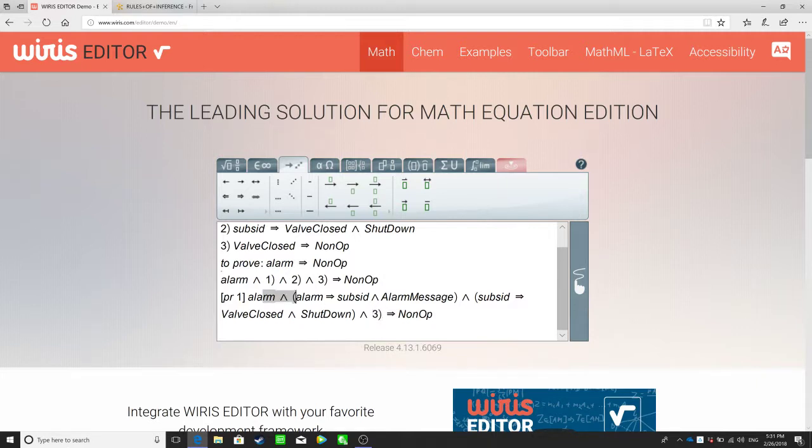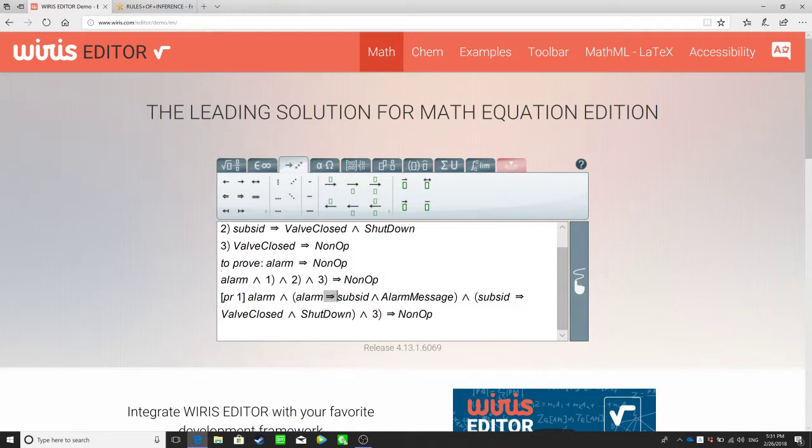Instead, we will deal with this part first to see if we can actually simplify that a little bit. Now it seems we cannot just remove those brackets, right? Why? Because there's implication here.